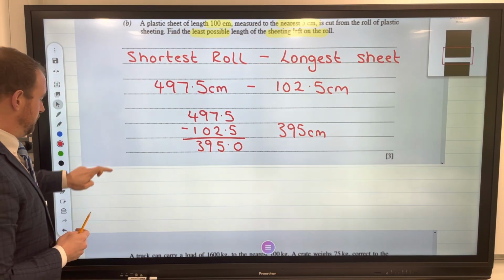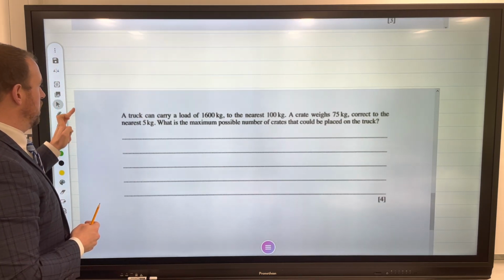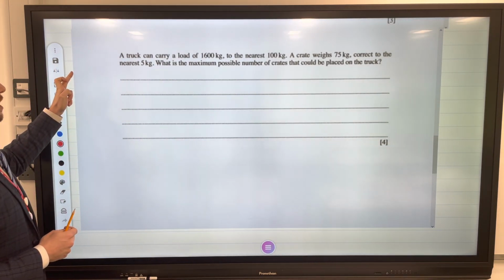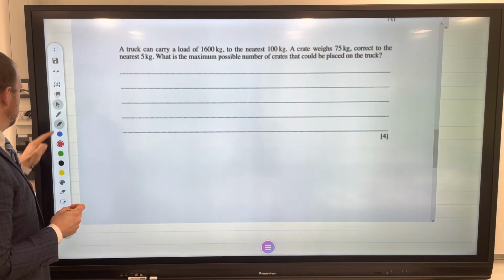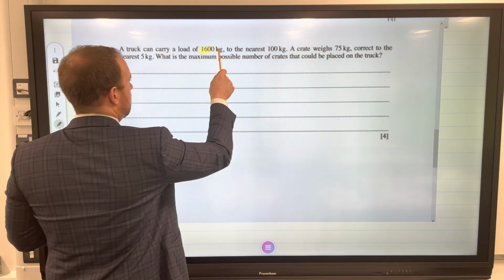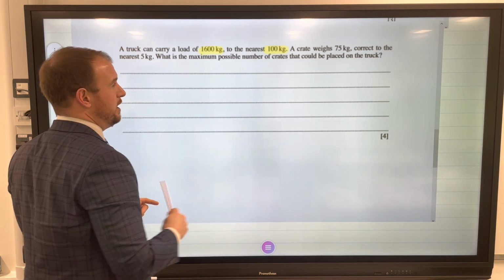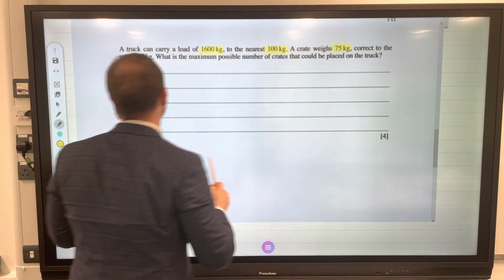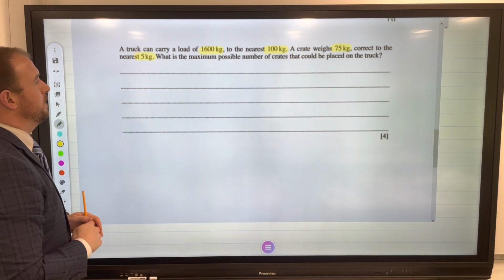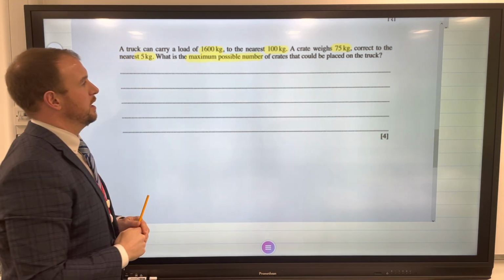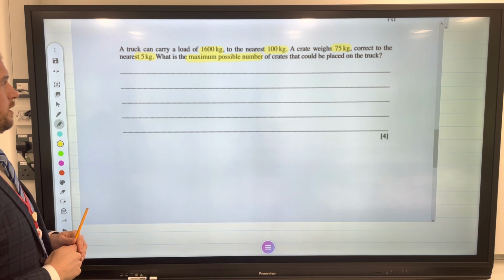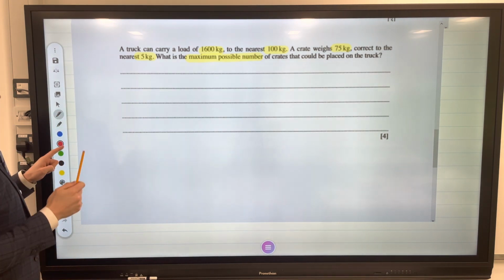Another example. A truck can carry a load of 1,600 kilograms to the nearest 100 kilograms. A crate weighs 75, correct to the nearest 5. What is the maximum possible number of crates that could be placed on the truck? Okay, so think about this truck now.